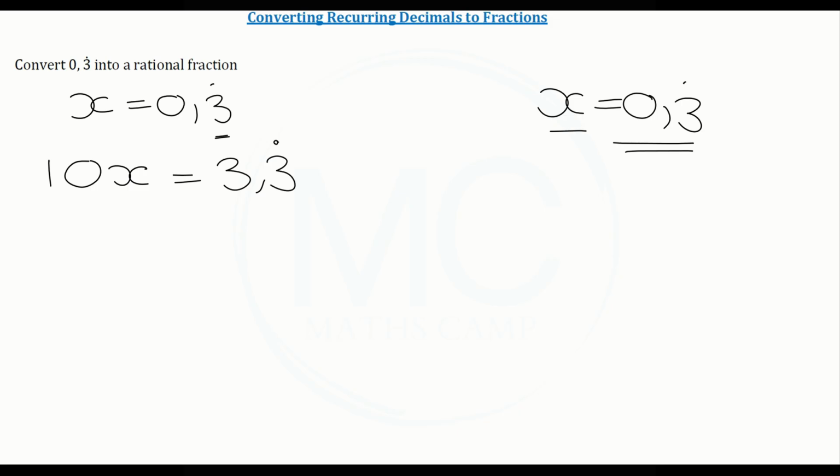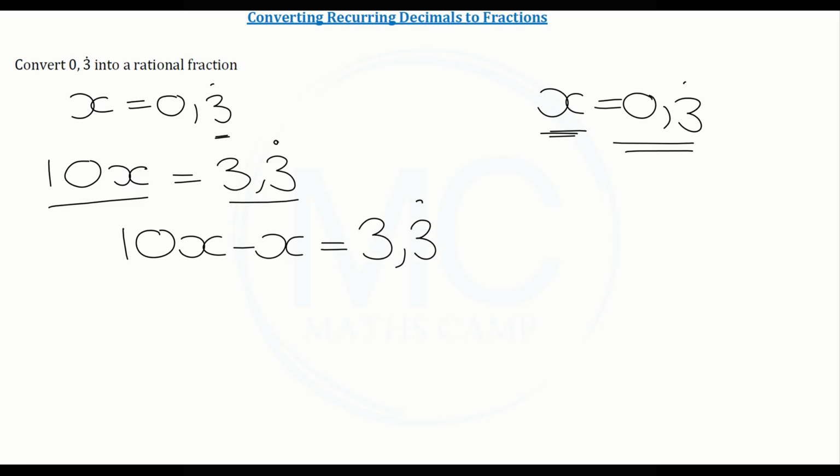To solve for x, we subtract x in equation 2 from x in equation 1. So our x value in equation 1 is 10x, and we subtract x in equation 2, which is simply x. Then we subtract the values. So from equation 1, we have 3,3 recurring, and we're going to subtract the value of equation 2, which is 0,3 recurring. Now in our equation, 10x minus x gives us 9x.